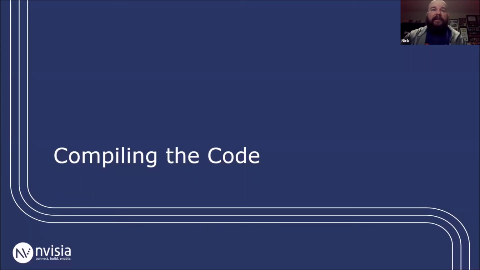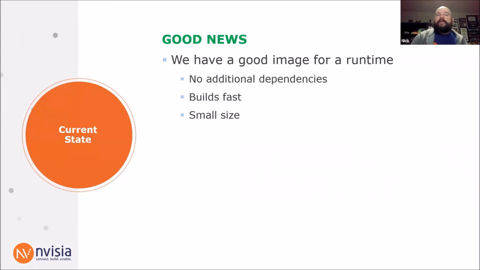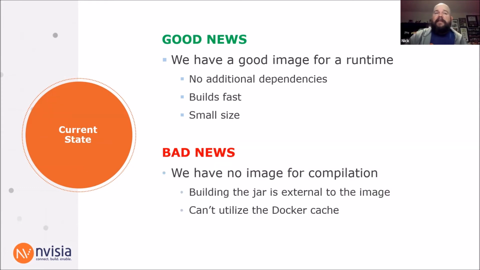All right, so then let's move on to compiling the code. Good news is we've got a great image for runtime. We don't have any additional dependencies. It builds fast and it's a small size. The bad news is we don't have an image for compiling our code. So building the jar is external to the image. We're just copying that jar file in, which means we can't utilize the Docker cache. So every time we run that build command, it doesn't have built-in caching.